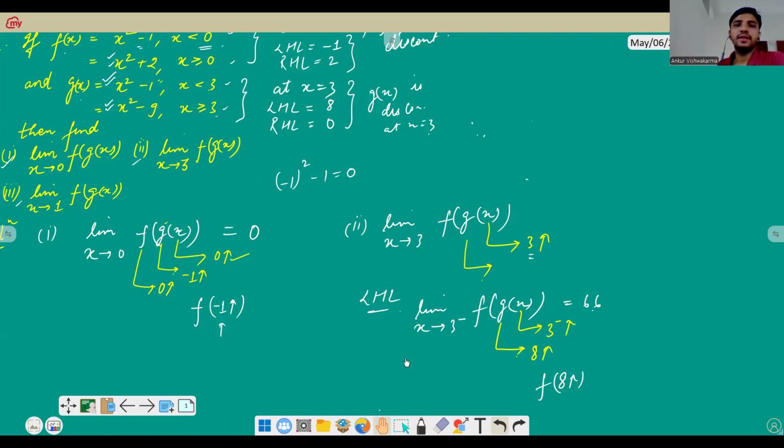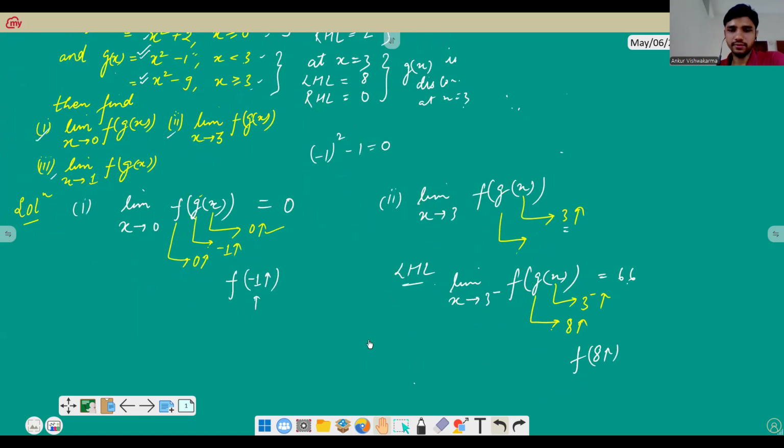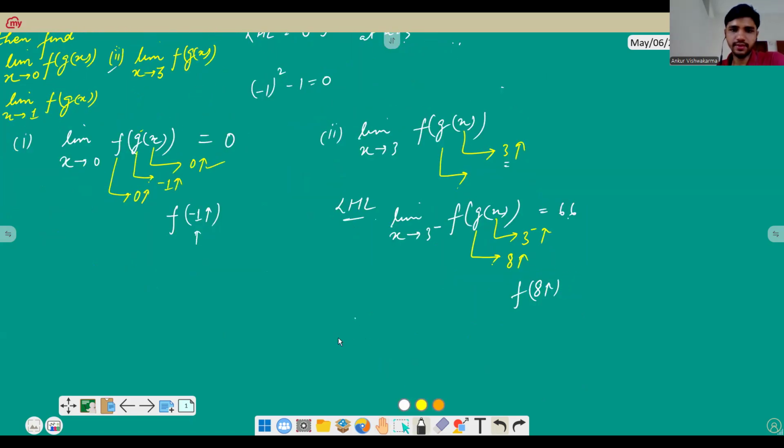So let us calculate the right hand limit also. Let's begin with the right hand limit. Limit x tending to 3 plus, meaning x is approaching 3 from the right hand side. So where f of g of x is approaching, that we need to check.